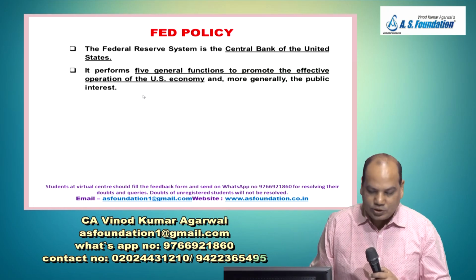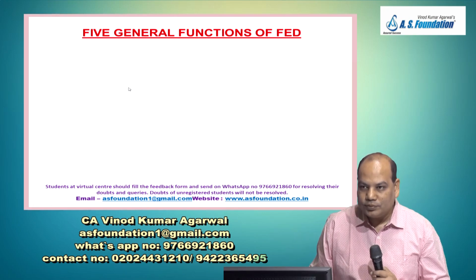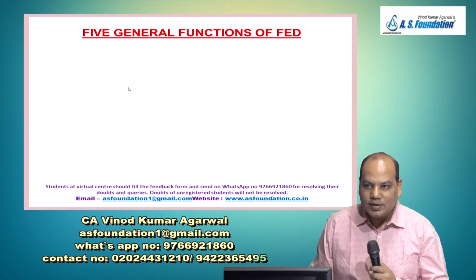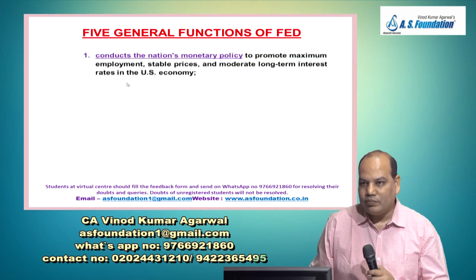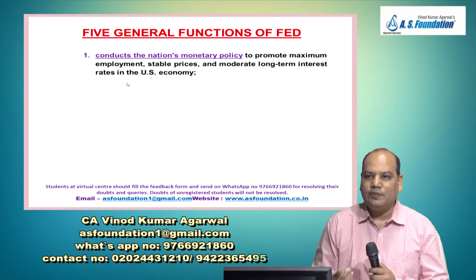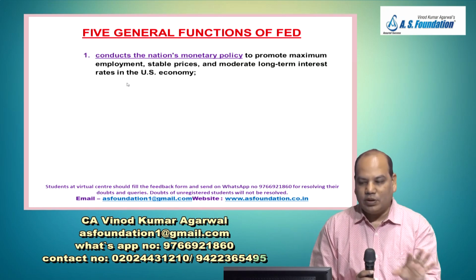So basically the question in the exam would be, what are the 5 functions of Federal Reserve System. So 1, 2, 3, 4, 5. General question can be what are the functions of Federal Reserve, or 5 specific functions which they have mentioned.